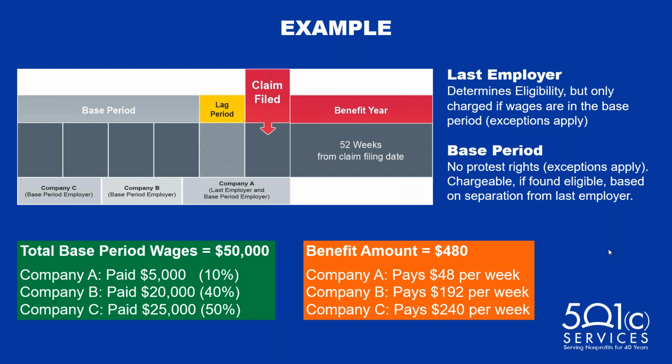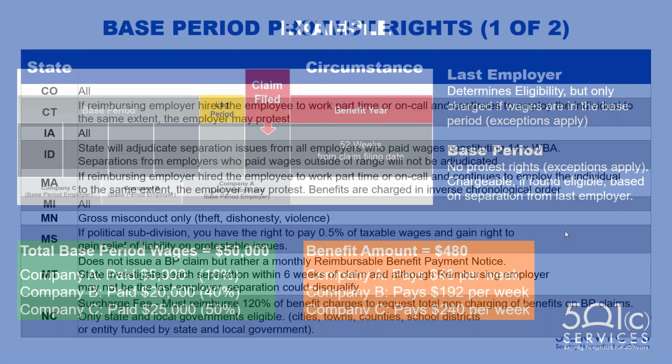Then they'll move to company B until theirs runs out, and if the person's still collecting, then they'll move to company C. So there are states that do it like that. There's a few, and then there's some that just charge the last employer all of it. So again, if you want to understand your specific state, feel free to reach out to me directly, but most states do charge proportional, which is why we use that in this particular example.